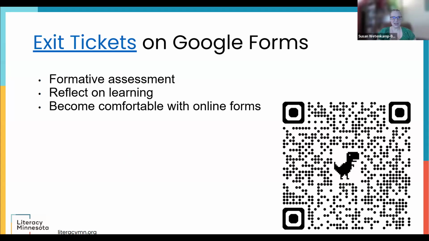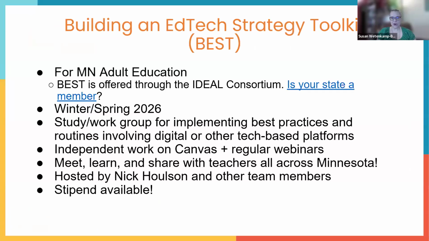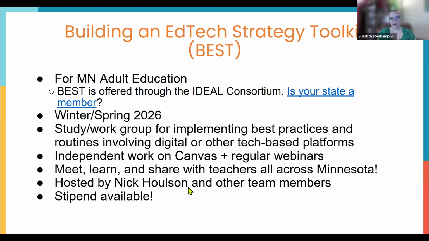The last thing I want to talk about before we wrap for the day is just that overview of the best course cohort. So those last two routines that I talked about are drawn from this cohort. If you would like to go deep and learn more and develop routines of your own, and you are a Minnesota adult educator, you can sign up for this cohort, and Nick and I and Kathy will be facilitating it next winter and spring.